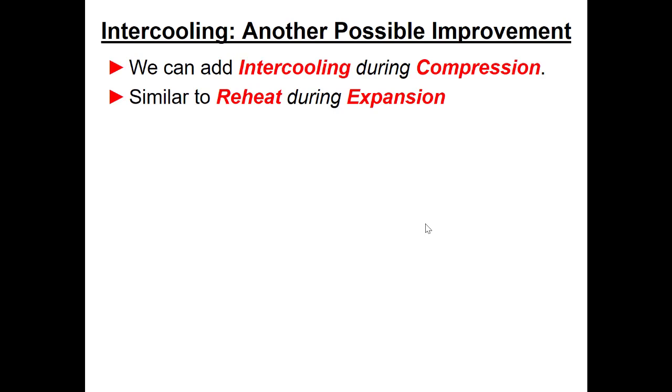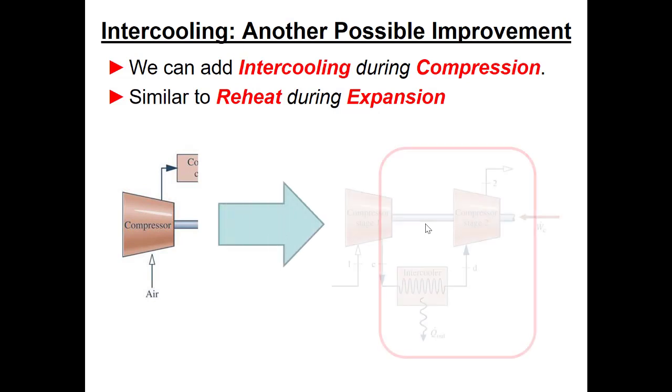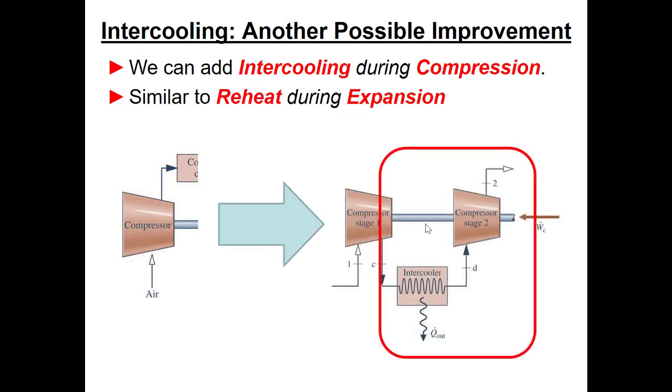So the other strategy that I talked about that we could use here is called intercooling. Now, intercooling is a little bit like reheating, except that we're doing it on the compression side. So we go from having one compressor to having two compressors. Now, we never did this in Rankine cycles because in Rankine cycles, it didn't take much power on our pump side.